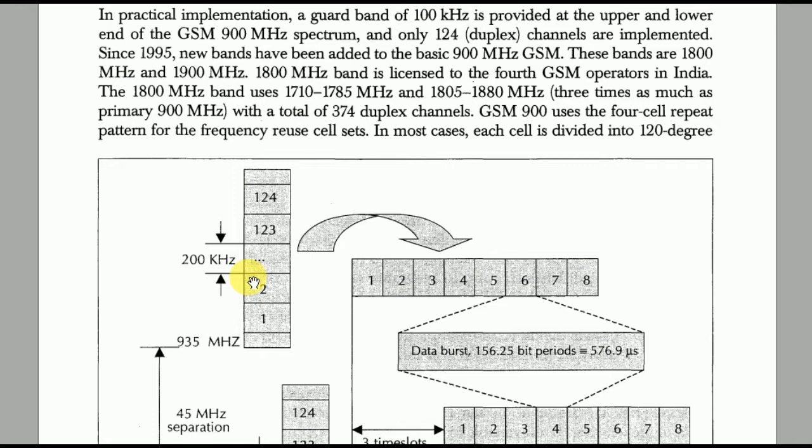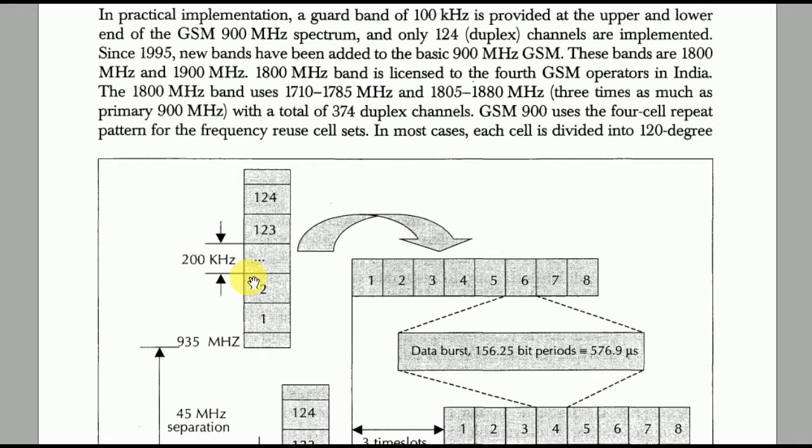How do we calculate this 25 megahertz? 915 minus 890 and 960 minus 935, you will get 25 megahertz bandwidth. We have 125 channels available for uplink and downlink in each band of frequencies.